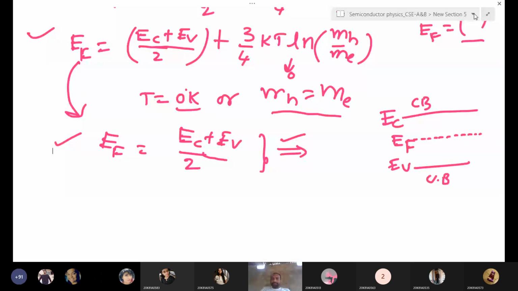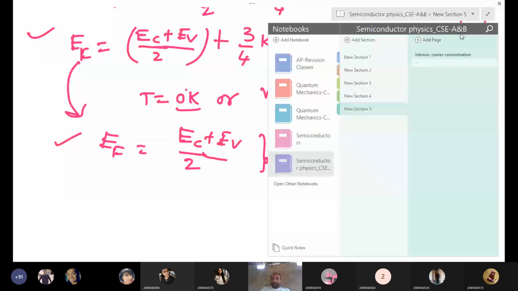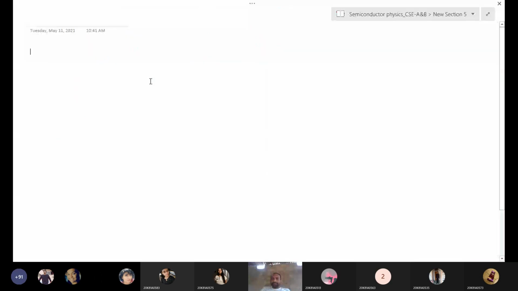We will draw how it looks. So this is the conduction band and this is the valence band. These are energy levels, don't be confused. This is EC and this is EV.